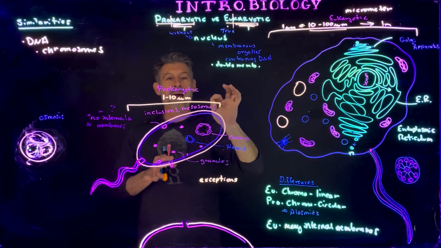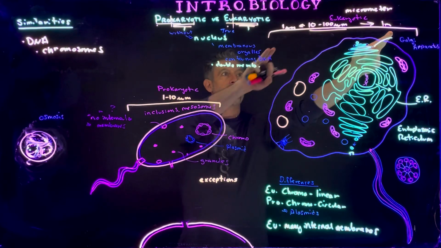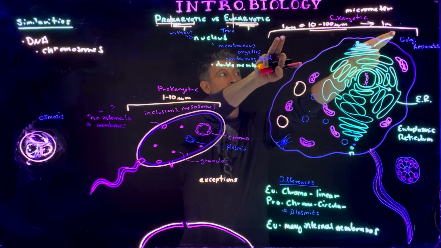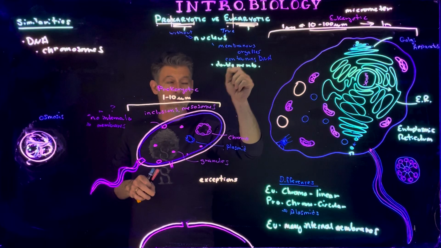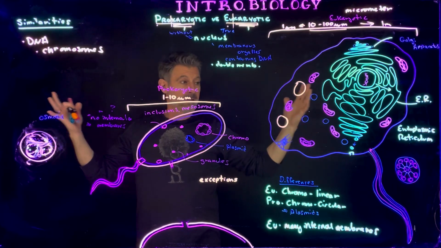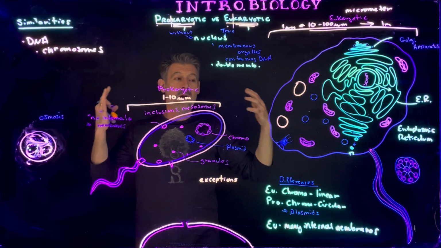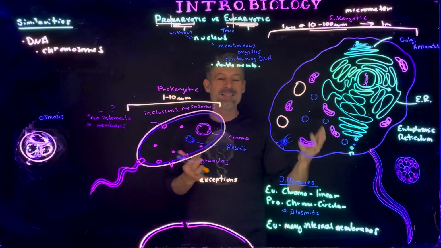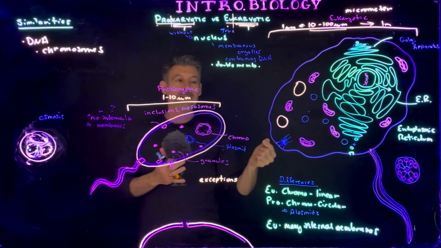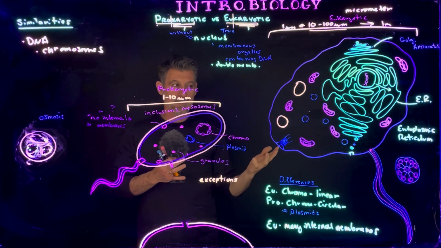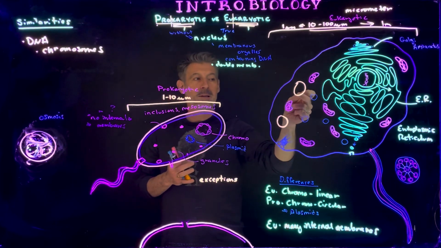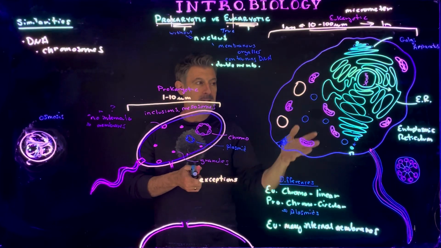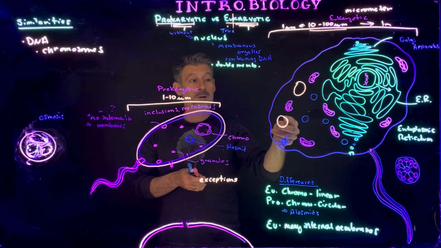But what's more dramatic here is the range in size. From a meter to a micrometer, incredibly diverse in terms of size. Why? Not only can they be bigger, but why can they be more diverse in terms of size? It's because of the internal membranes. All these internal membranes give them more surface.